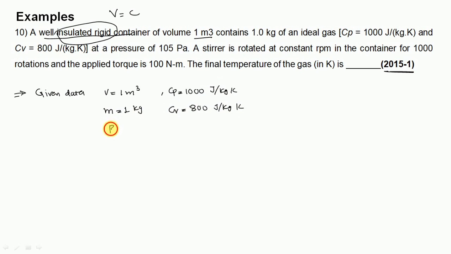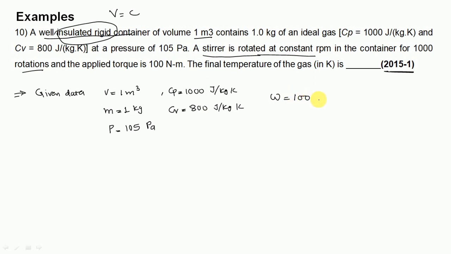Pressure P is given as 10^5 pascal, and here a stirrer is given inside this insulated container. The stirrer is rotated at constant RPM in the container, 1000 rotations. So the rotations are given, and it is 1000.